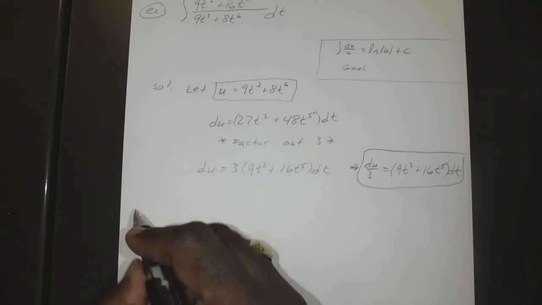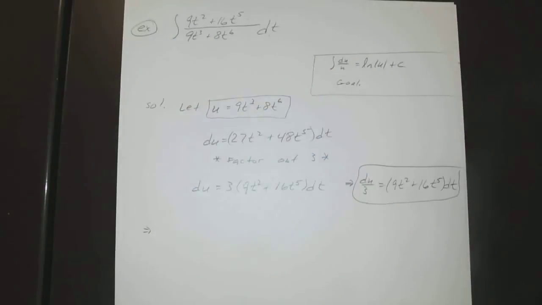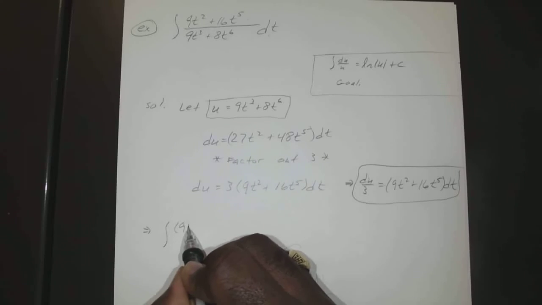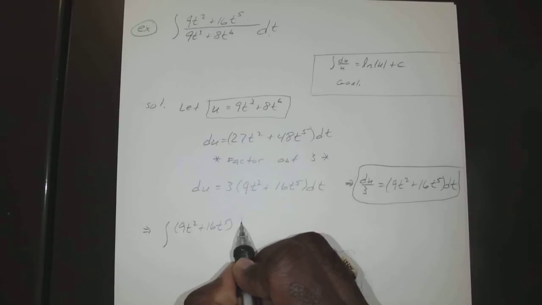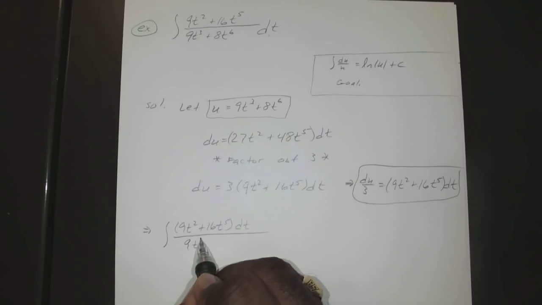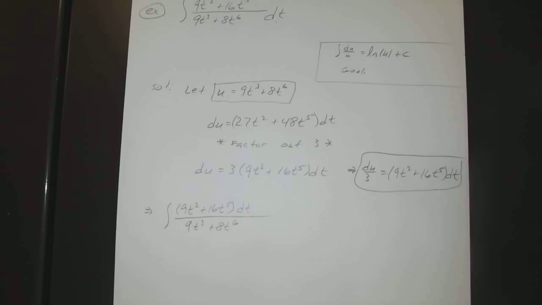All right, so our dt, we can go ahead and bring that up to the top just so it matches up. You don't have to do that. So you have the integral of 9t squared plus 16t to the fifth with respect to t over 9t to the third plus 8t to the sixth.